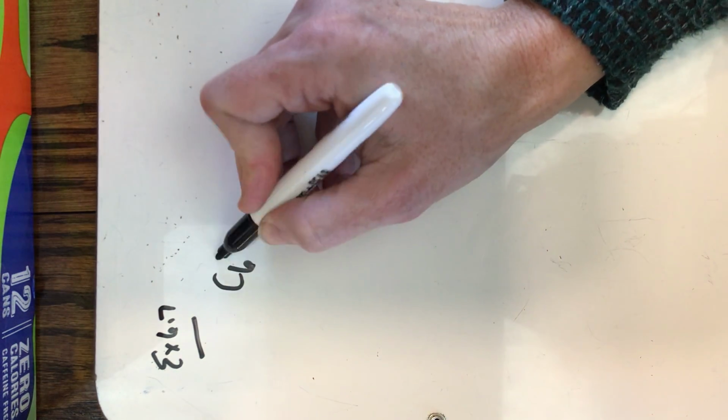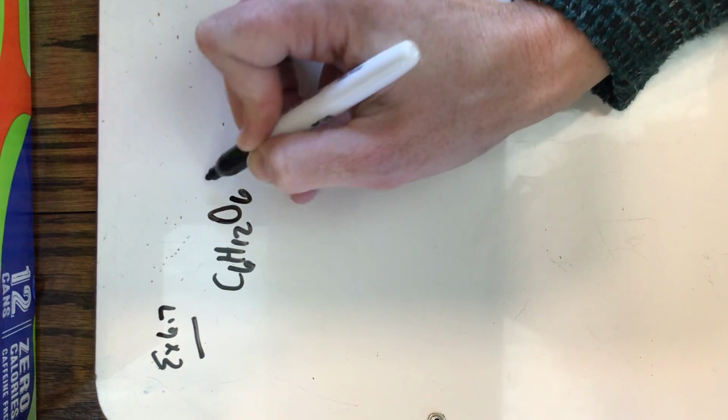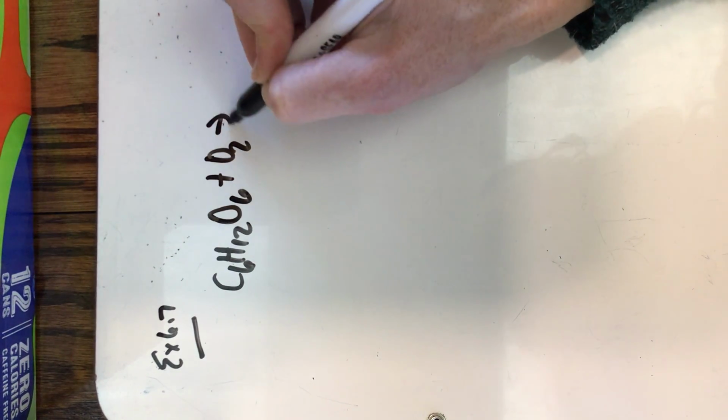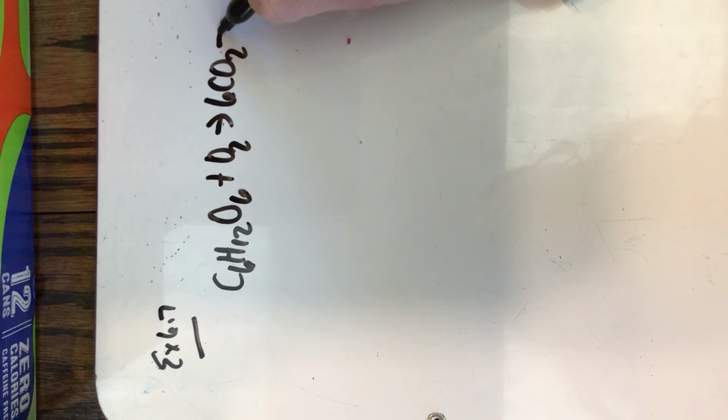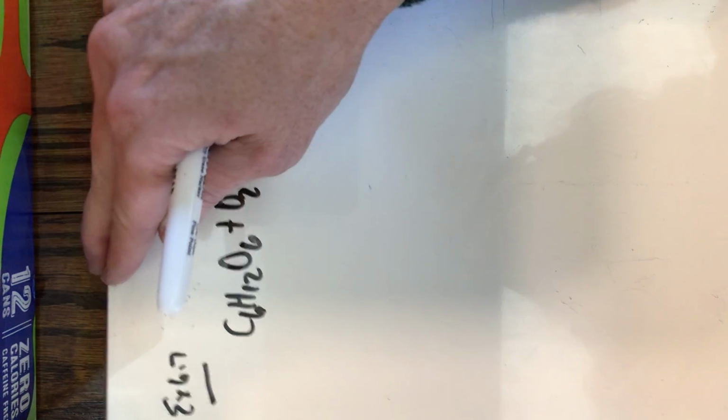So it's burning the C6H12O6 and it creates carbon dioxide and water. It goes on to tell us that the carbon dioxide produced is exhaled when we exhale, and the water is eliminated in our urine.